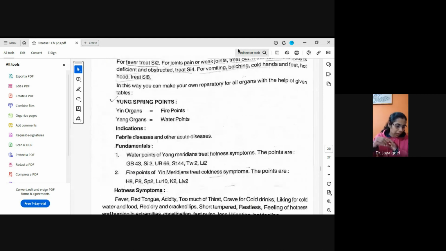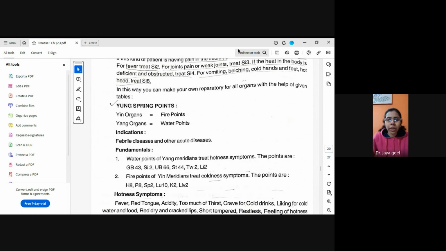We have studied that we have two types of organs: yin organs and yang organs. In the Yang Spring points, the fire point of a yin organ meridian is the Yang Spring point, and for a yang organ, the water point of the yang organ is the Yang Spring point.